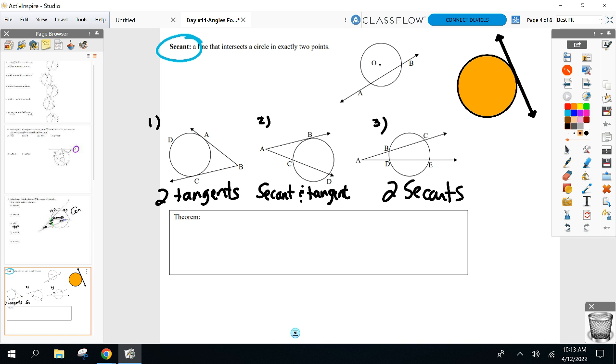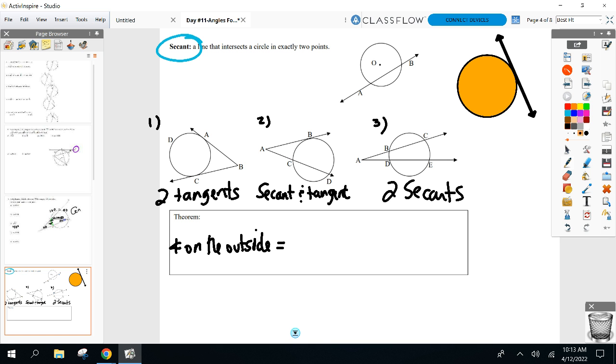The good news, I don't care how it's formed. If the angle's on the outside, it's found the same exact way every time. Remember yesterday for a floater angle, what did we do to the 2 arcs?